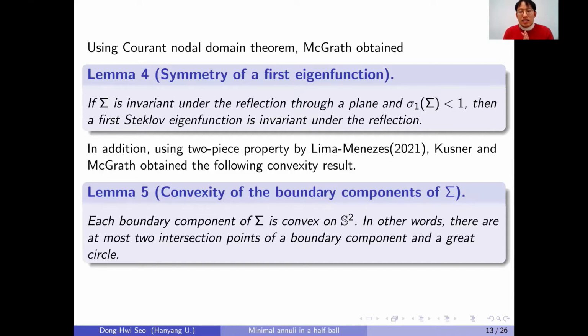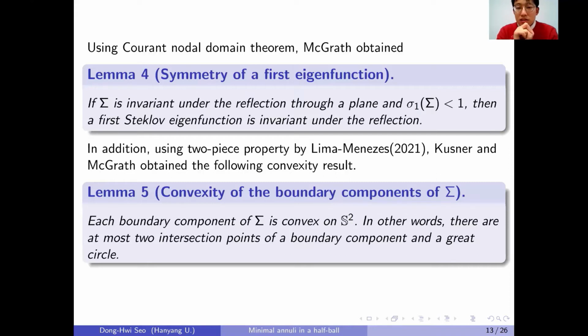It says that if we have a free boundary minimal surface which is embedded in a ball, then a coordinate plane which passes through the origin dissects the surface into 2 components.